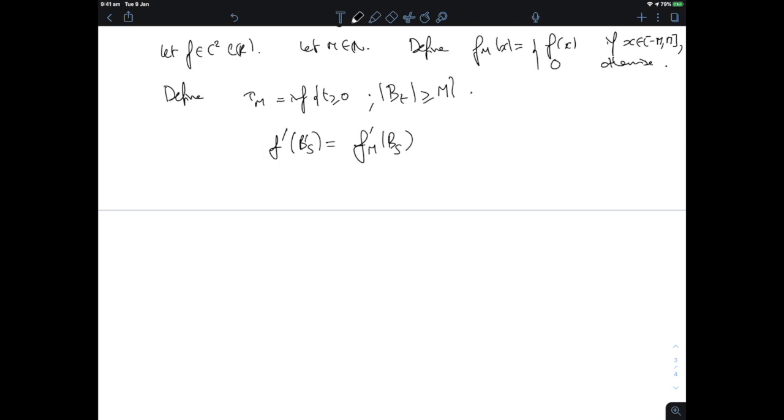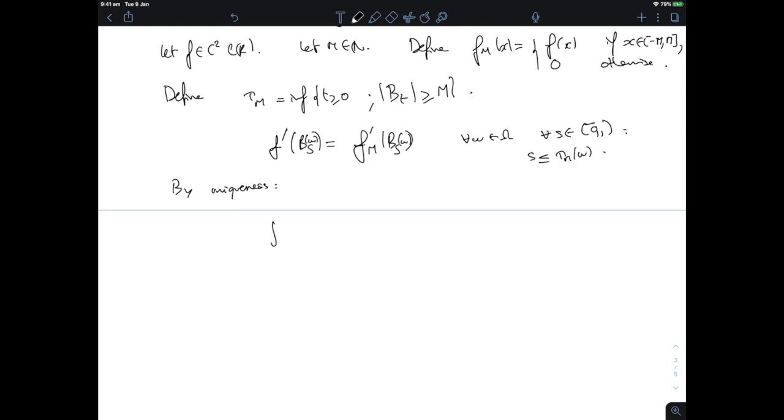What we have is that f'(B_s) is equal to f_m'(B_s) whenever s is below the stopping time. So this is, at a point omega, for every omega in Omega and for every s in [0,1] such that s is smaller than tau_m(omega). If s is smaller than tau_m(omega), it means your |B_s(omega)| is smaller than m, so there's no difference between f' and f_m', because f and f_m match on that set, minus m to m. Okay, but now, by the uniqueness theorem for the Ito integral, when you stop processes, what do we get?